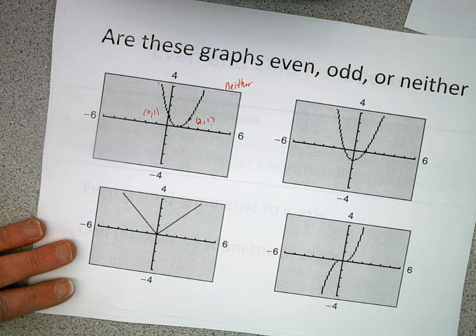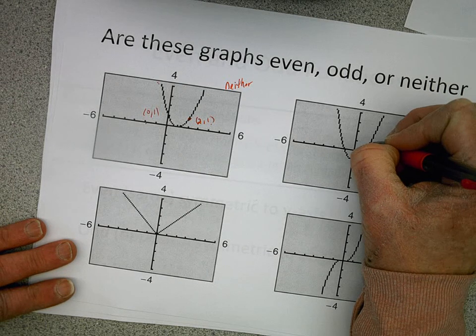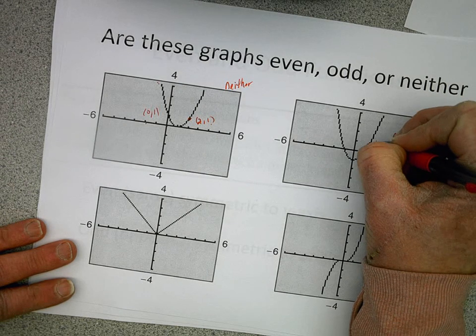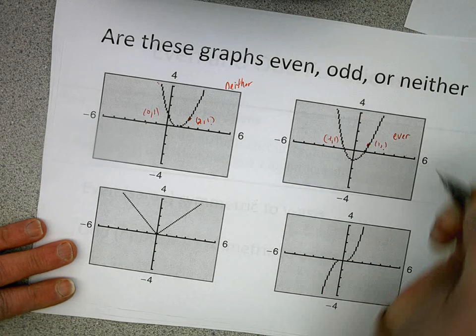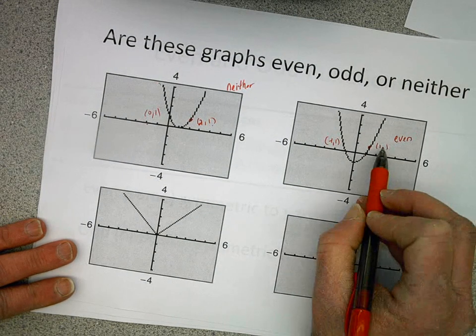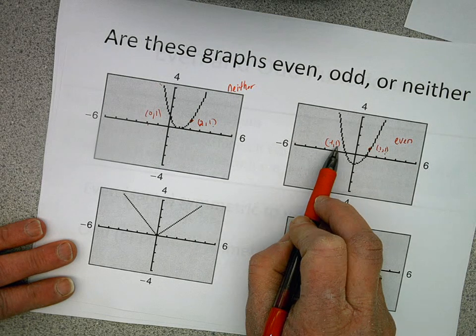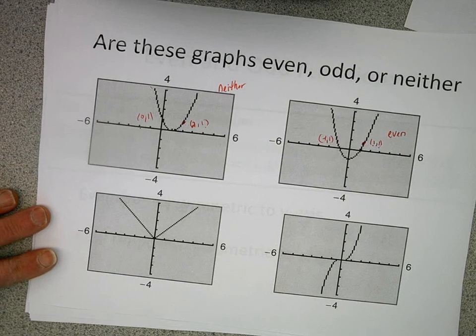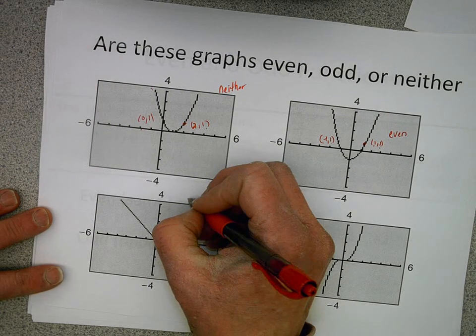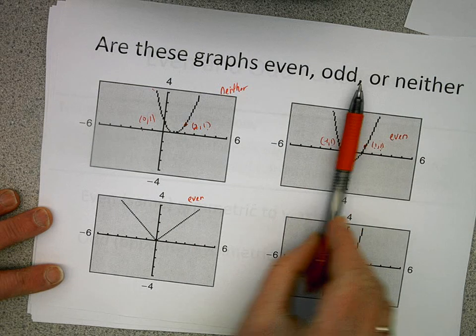Where this one is definitely even, because I figure out this point might be (1, 1), and this point right here is (-1, 1). So what happens is you plug in 1, you get 1, you plug in -1, you still get the same number. It doesn't change the y value. It's the same. This is another even function. It's also symmetrical to the y-axis, where the symmetry is over here.